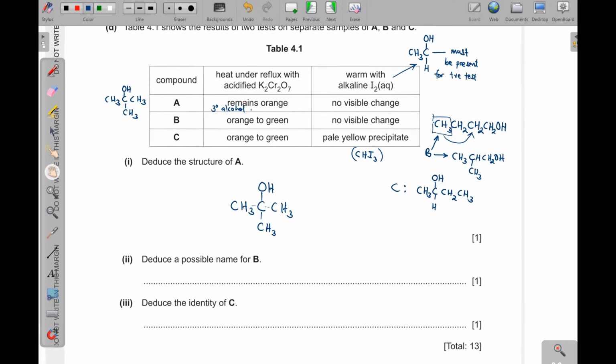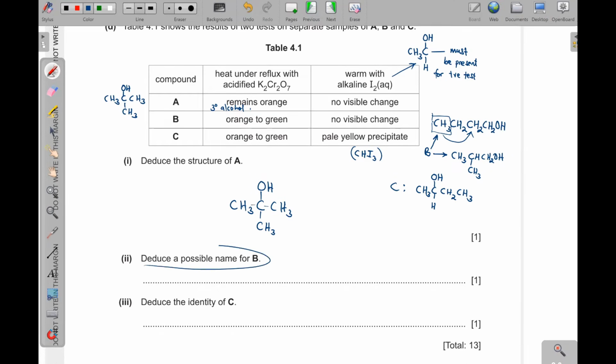Now, let's see. They are saying deduce the possible name for B. The possible name for B, it can be how many? 1, 2, 3, 4. That is butan-1-ol. You see that? Butan-1-ol. Because this OH can also move to the second carbon, and then we say butan-2-ol. Then here, this is a propane with a methyl group there.